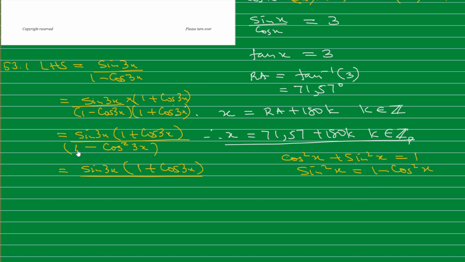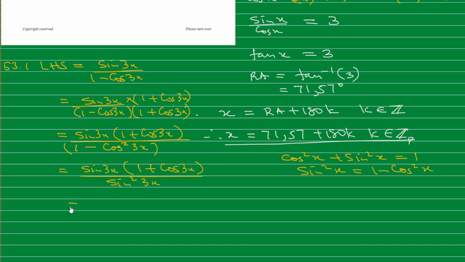So here we have 1 minus cos squared 3x, which is equivalent to sine squared 3x. So we can write this as sine squared 3x, from the square identities.